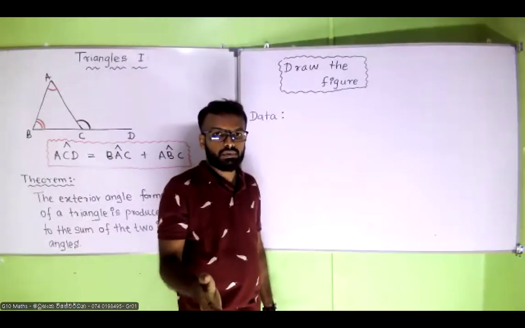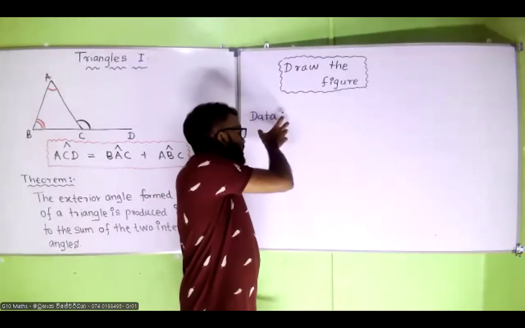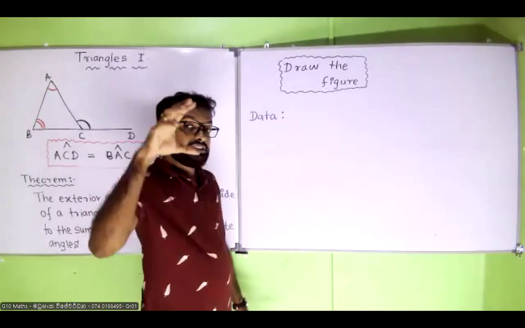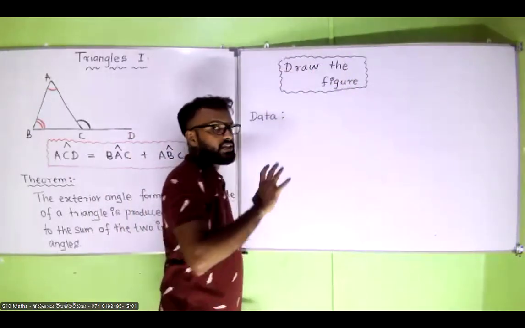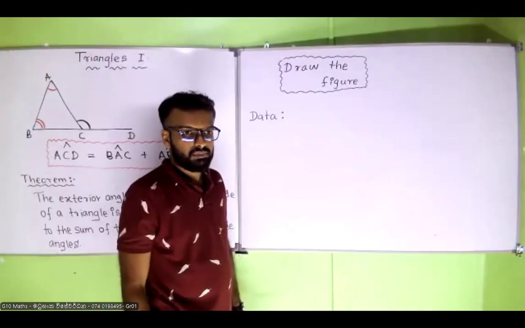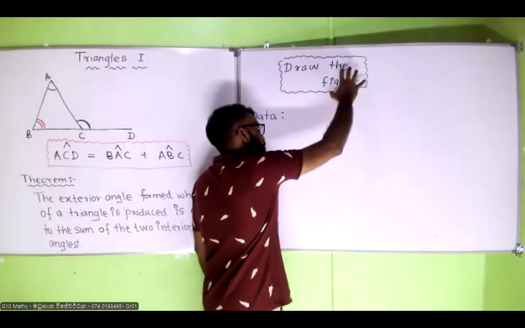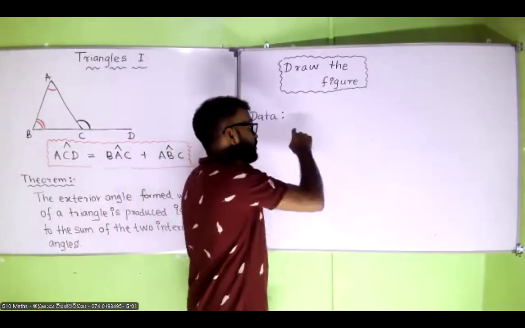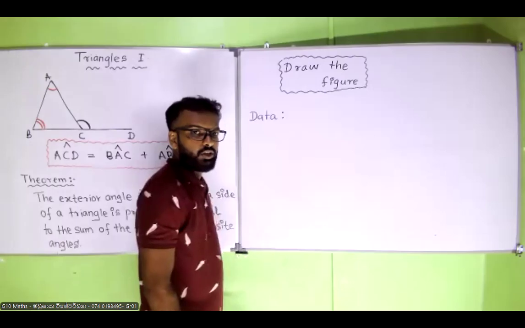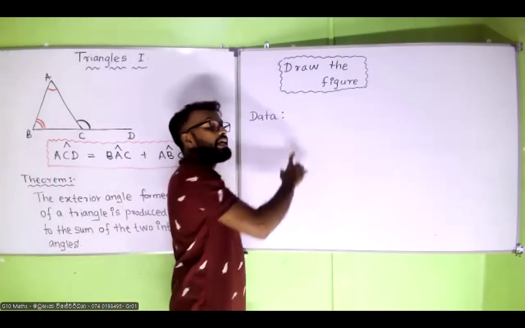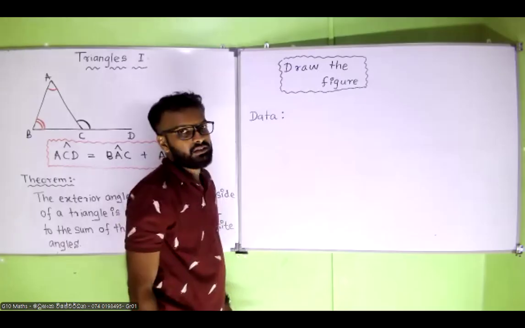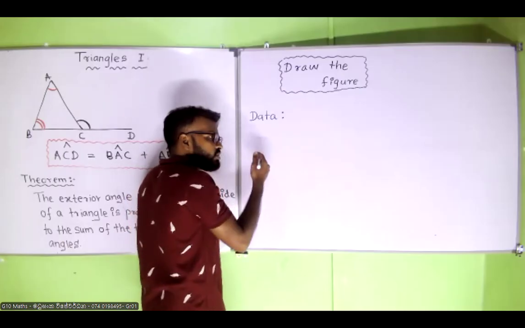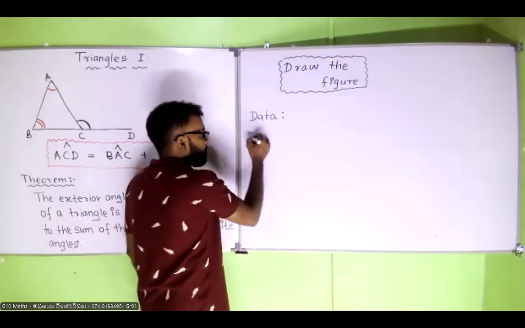So the data that they have given us is also included in this figure initially. So here you have to draw the figure, then explain the data that they have given to you. You have to write down the data they have given by using this figure as well. Then we are going to write what is to be proved.